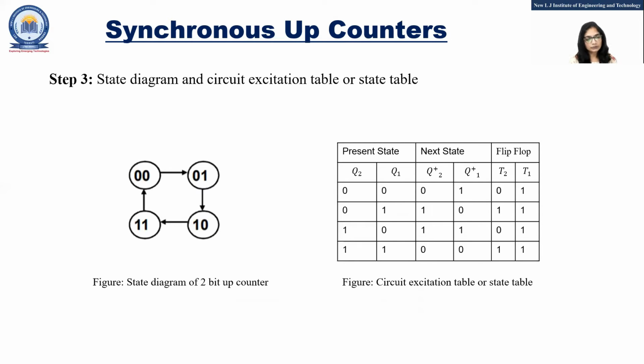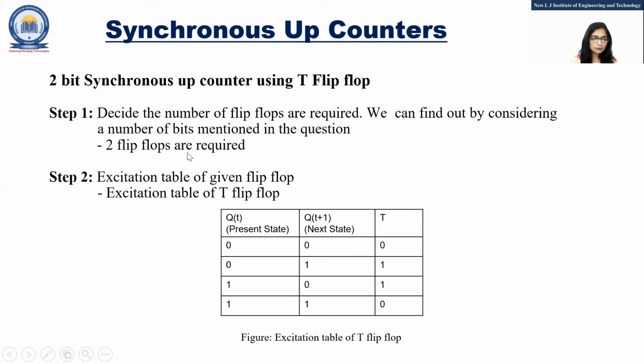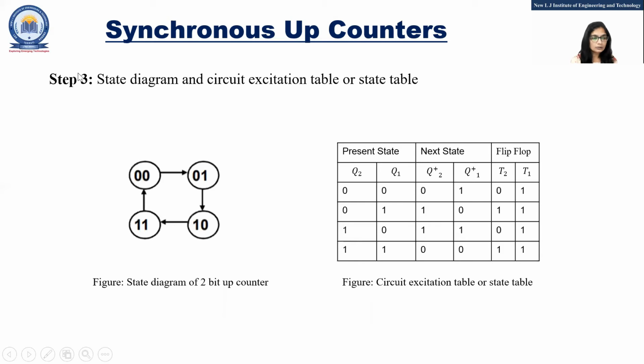Now step number 3, state diagram and circuit excitation table, or state table. This is the state diagram. As I told you, 2 bits are given, so the maximum possible number of states will be 4.